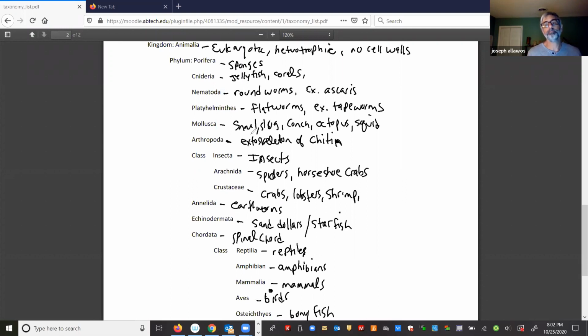Okay, so we have a lot more to do, but I feel good now because you have this nice sheet of taxonomy. It's all been kind of done for you. How's it going to work? Well, there's going to be a matching for the Animalia, and you're going to have to be able to match sponges with Porifera and tapeworms with Platyhelminthes and octopus and squid with Mollusca, et cetera, et cetera.